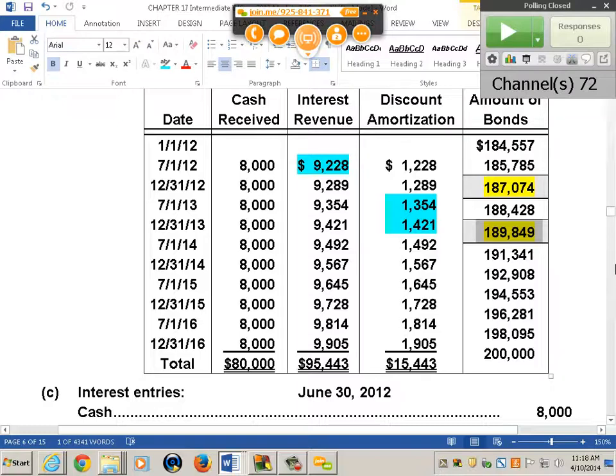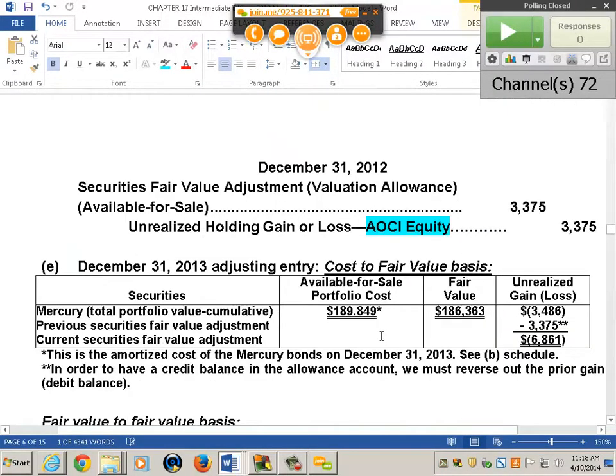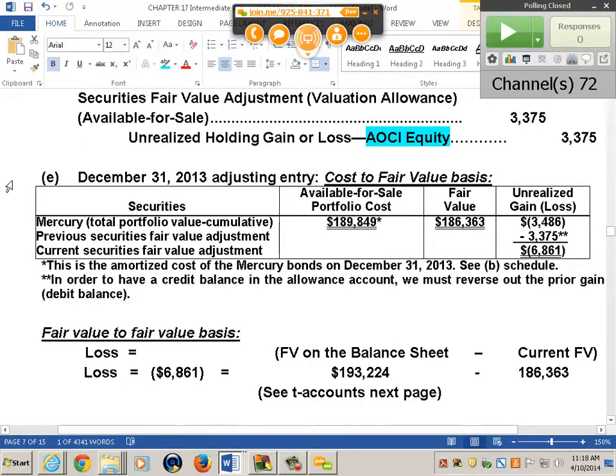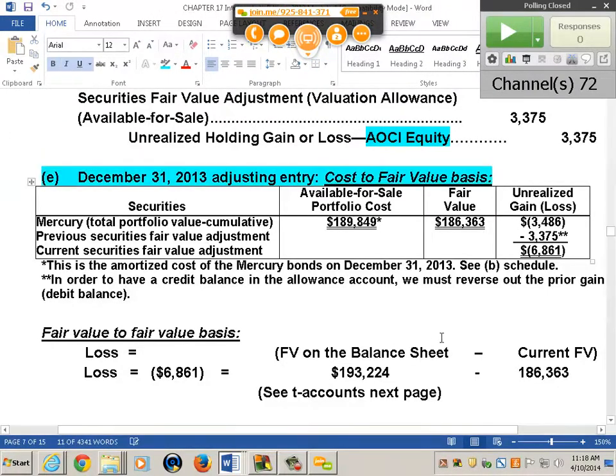That would be the balance. Okay. So by amortizing it for 2 more periods, the balance now is 189,849. At this point, at that year end, go back to the table. On December 31st, we're going to have to adjust the portfolio.